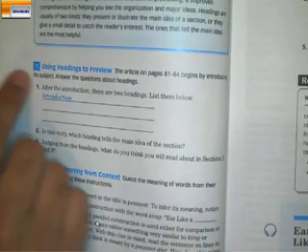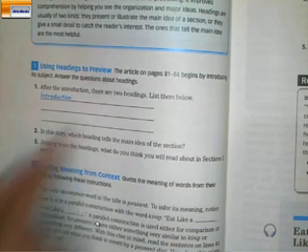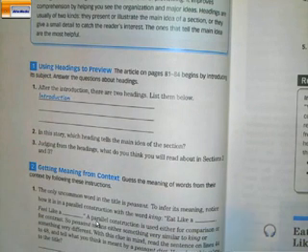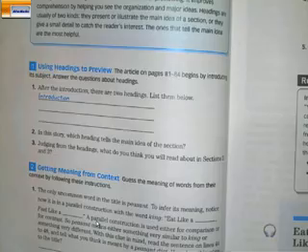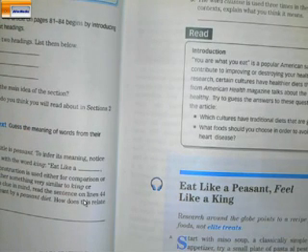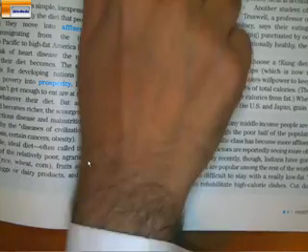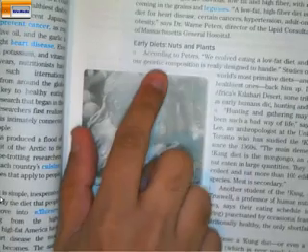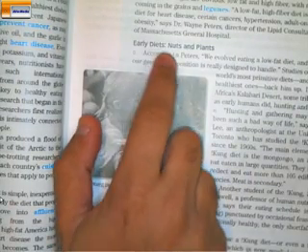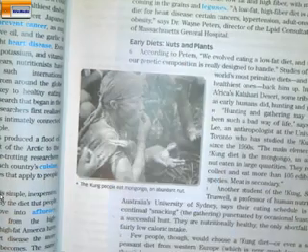So let's go to the first part. It says here, using headings to preview. He wants you to go to the passage and write the headings. We have here the introduction, and other headings: early diets, nuts and plants.